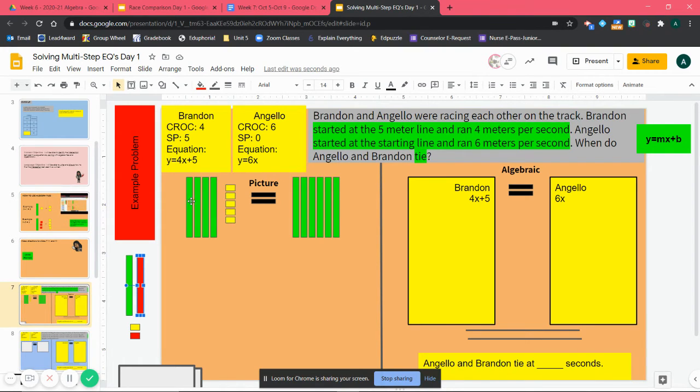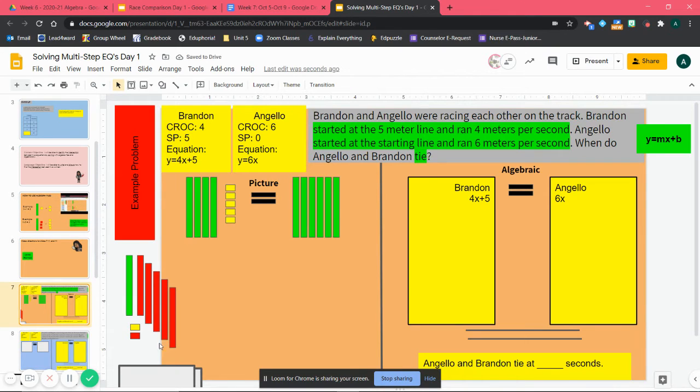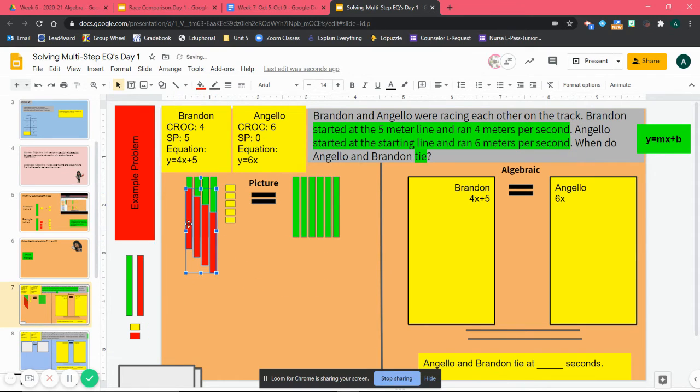If these are positives, how do I zero out positive x's? With negative x's. So Control C, 1, 2, 3, 4. Now I have 4 x's that I need to zero out. So I'm only going to make 4 x's, or 4 negative x's, I guess I should say.